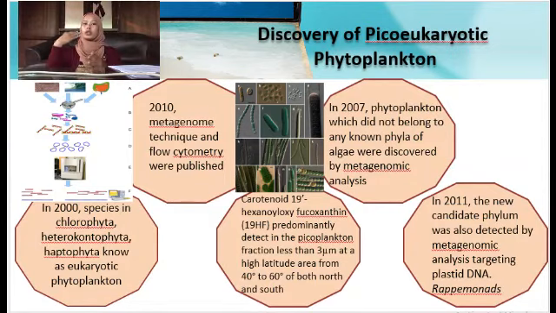Now we move to the discovery of eukaryotic phytoplankton. In 2000, species of Chlorophyta and Heterokontophyta were known as eukaryotic phytoplankton. In 2010, metagenomic techniques and flow cytometry were published. 19HF is predominantly detected in the picoplankton fraction, less than 3 micrometer, at high latitude areas, 40 degrees to 60 degrees, in both north and south.